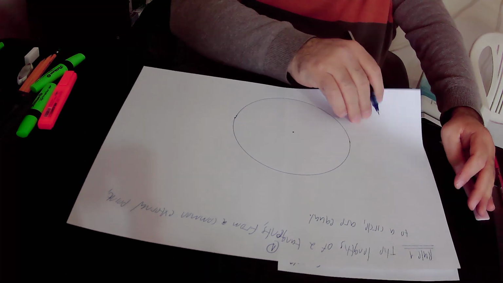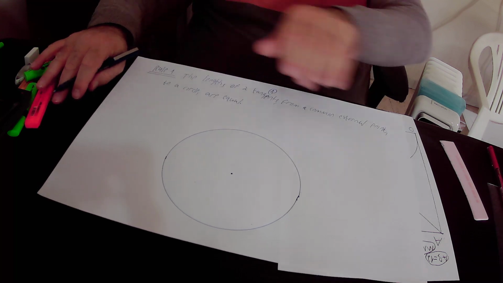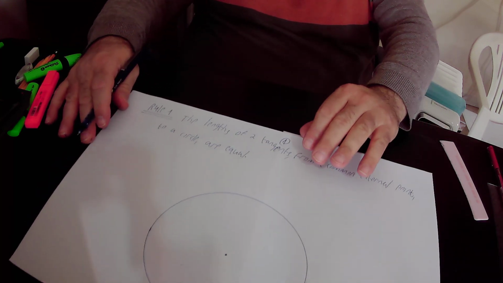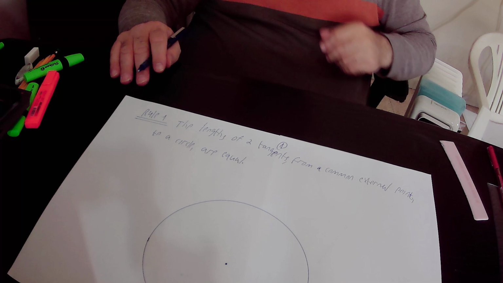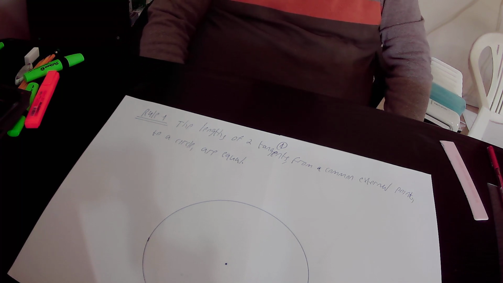So I'll repeat rule number 1 again. According to rule number 1, the lengths of two tangents from a common external point to a circle are equal.